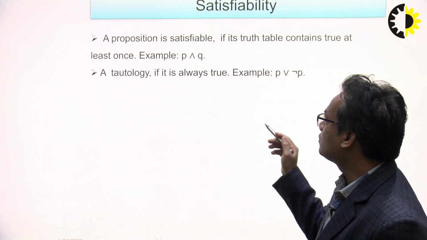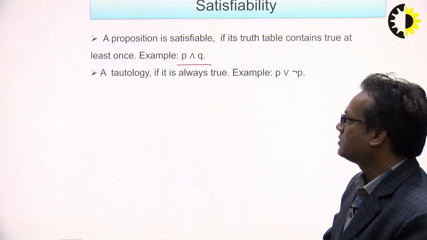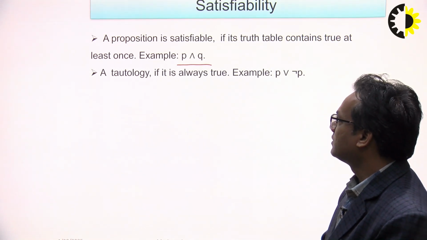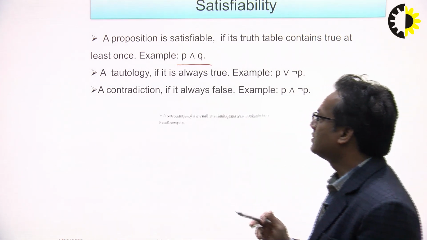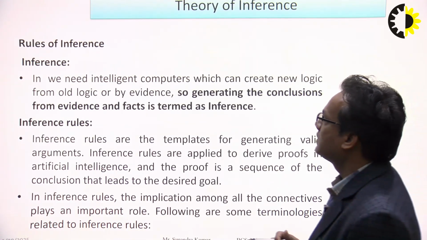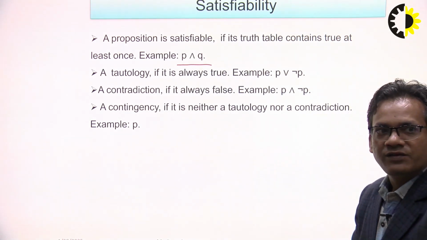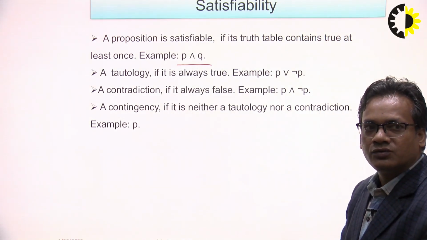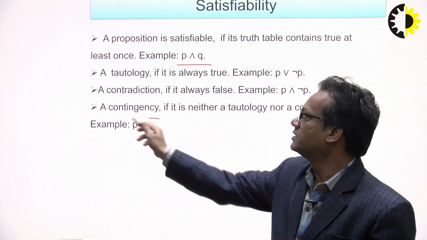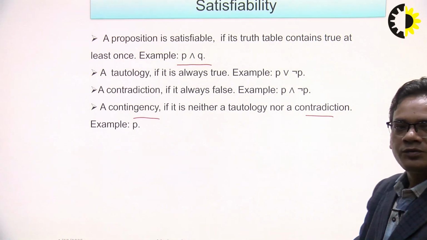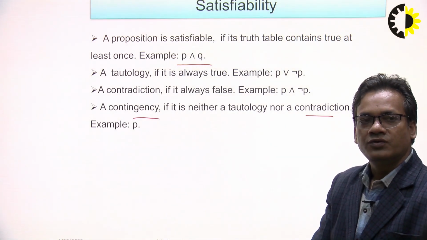For P and Q, it is true at least once, right. Tautology is always true. Contingency is when a proposition is neither a tautology nor a contradiction. I hope you understand the theory of logic and the operators used in this chapter.